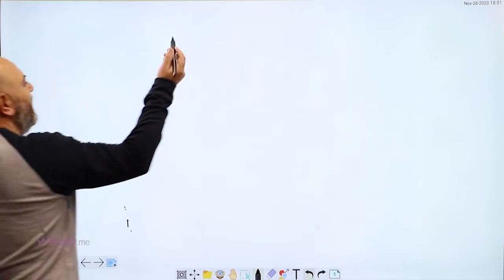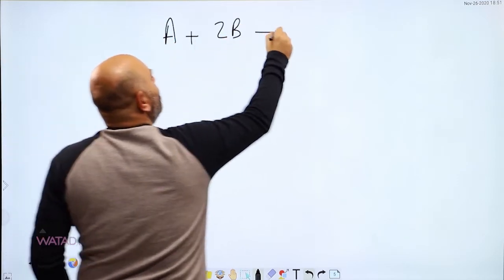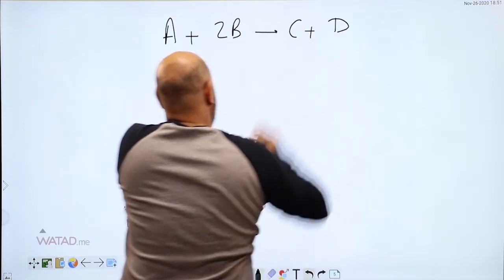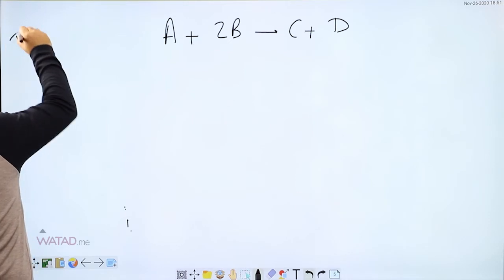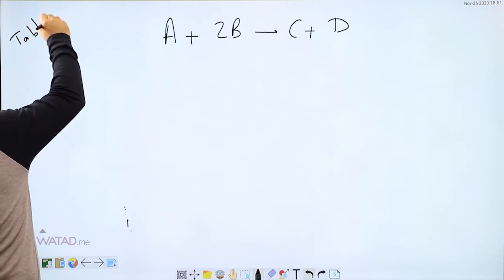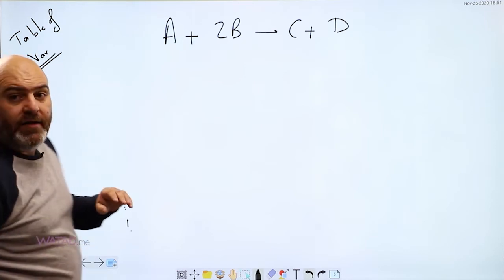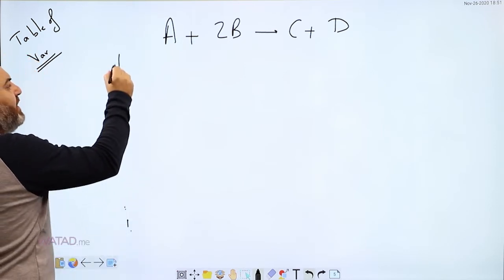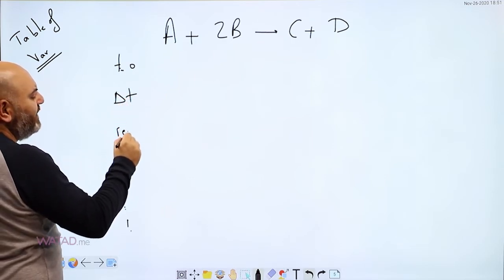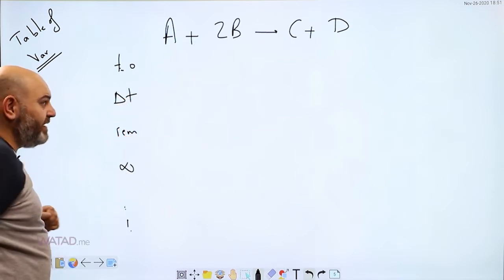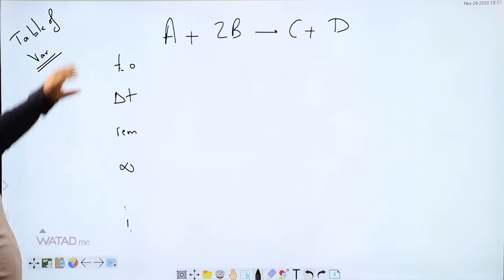Let me choose a reaction. A plus 2B gives C plus D. In a descriptive table or table of variation, I'm going to mention the time scale. Always I care about initial time, what will happen with time, remaining at this time, and maybe at infinity, what will be my composition.